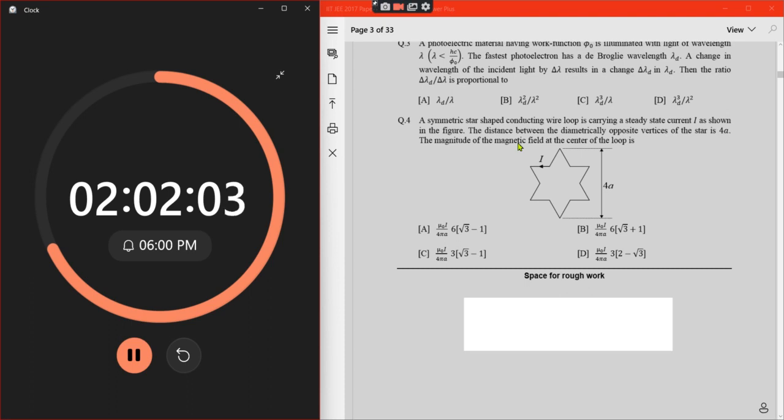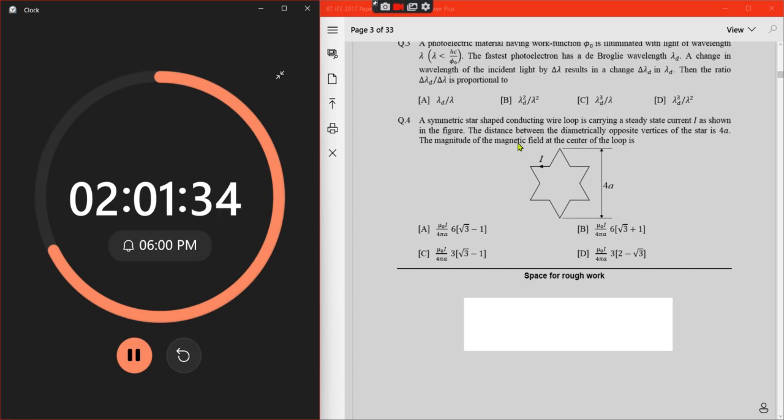Okay, so integration of mu naught upon 4 pi. Usually it is just mu naught upon 4 pi, the current, and dl vector crossed with r hat.